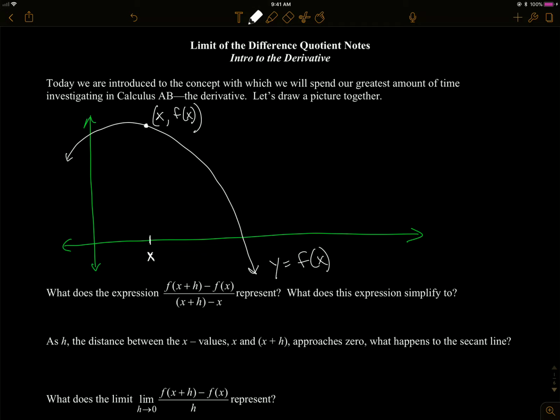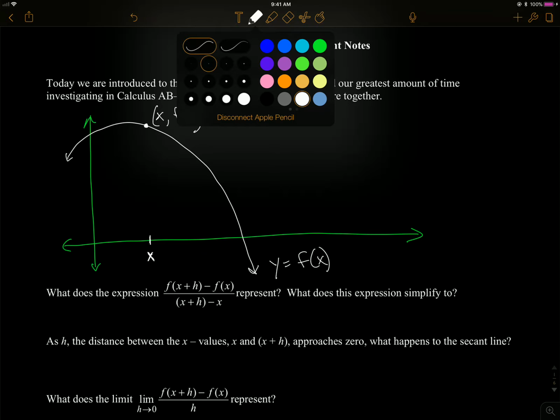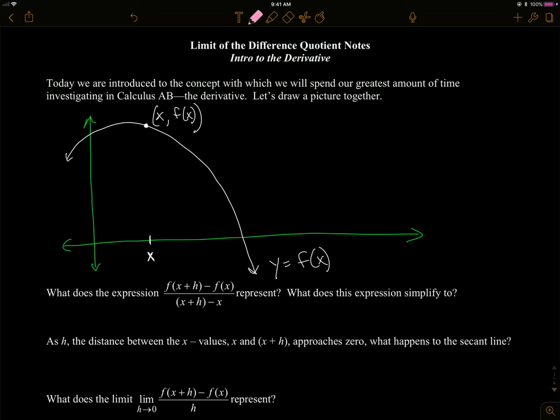And really, the goal here is to look at what rate the graph is changing at that point. So a nice visual for that is to draw a tangent line. Now remember, a tangent line, thinking back to geometry, touches once.